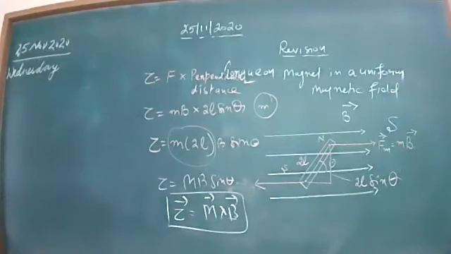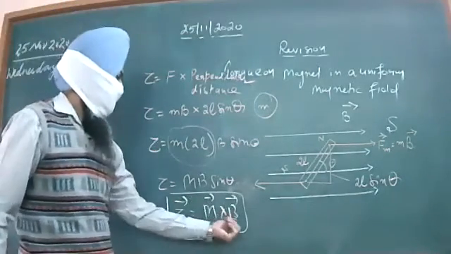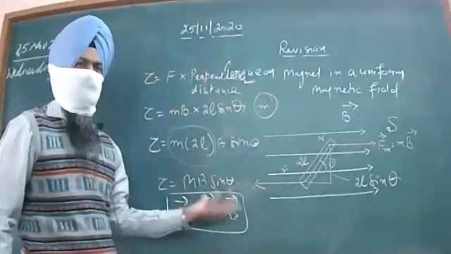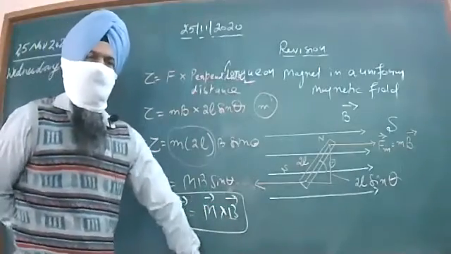So from the M vector towards the B vector, you can draw the line, and that line will give you the direction. So just apply the cross product of the vectors in order to calculate the direction.